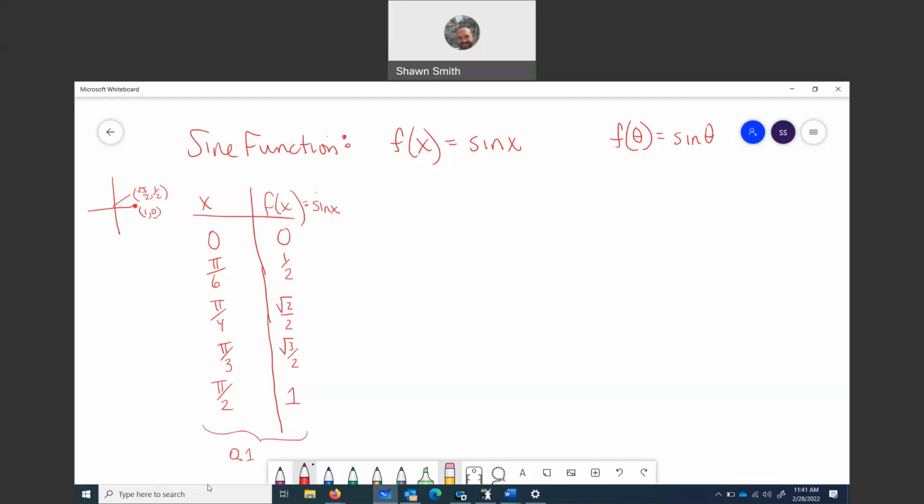All right, let's look at quadrant 2. Next, past 90 or pi over 2, we reach 2 pi over 3. And then we'd have 3 pi over 4, 5 pi over 6. And now we're at 180, which is at pi.